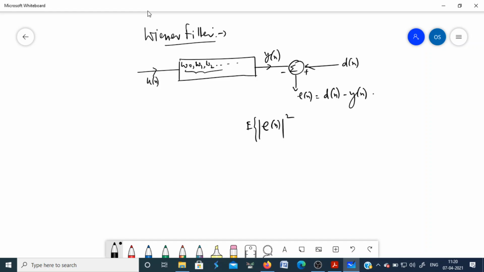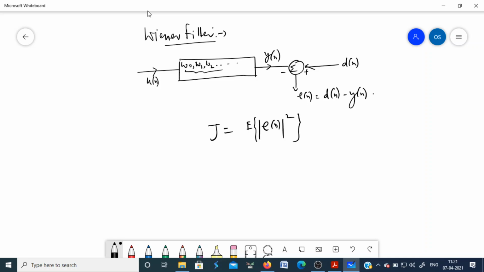So we have defined a cost function J, and then we have seen that since J is a function of the filter weights, we have applied a gradient operator on J, and that gradient vector was equated to 0.